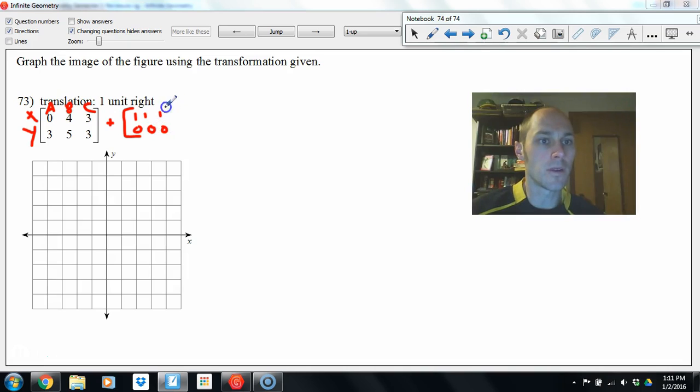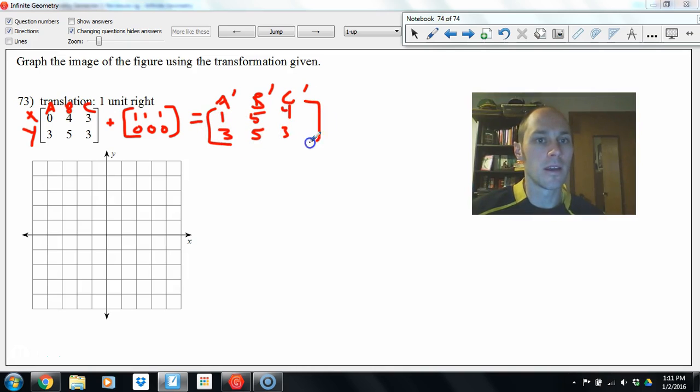And I'm doing nothing with my y values. So my image now, A prime, B prime, C prime, I can just quickly add those up. 1, 5, 4, 3, 5, 3. And that would be the image.